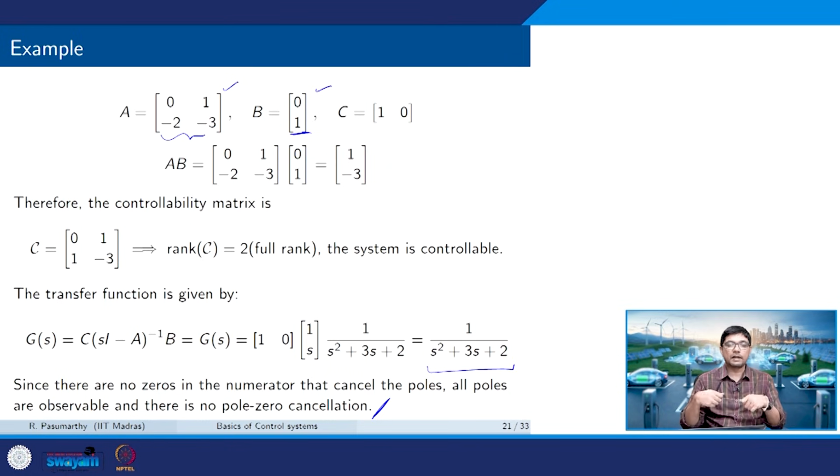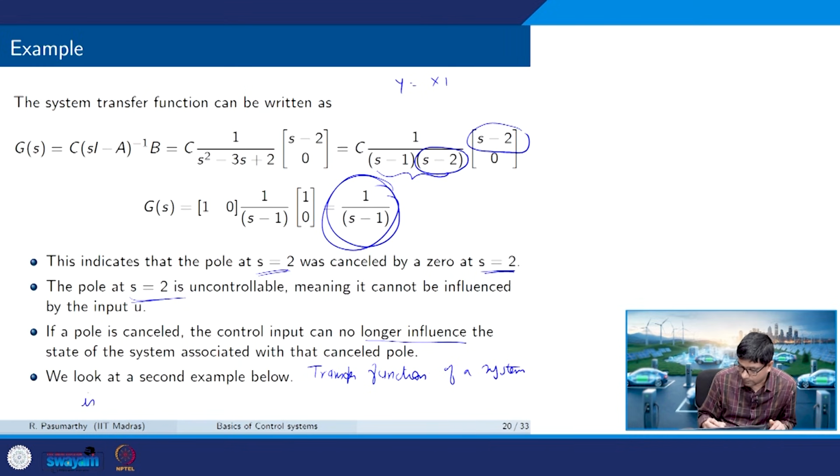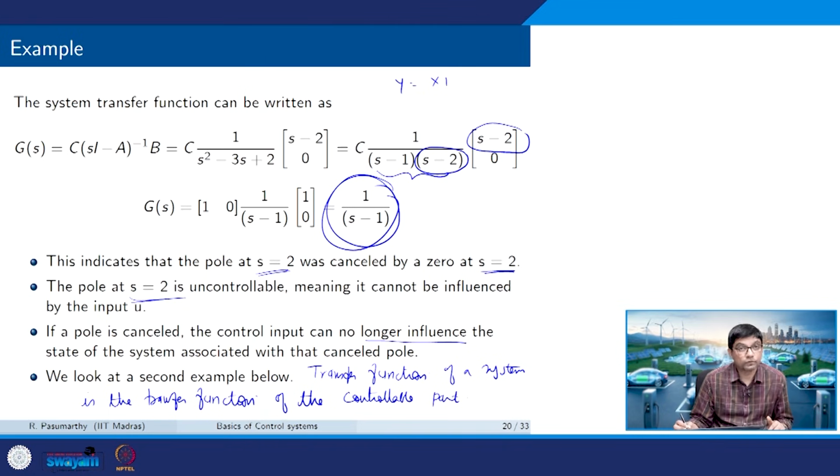If there is a cancellation, the state associated with that, I may not be able to control. And also this says that the transfer function of a system is the transfer function of the controllable part of the system.